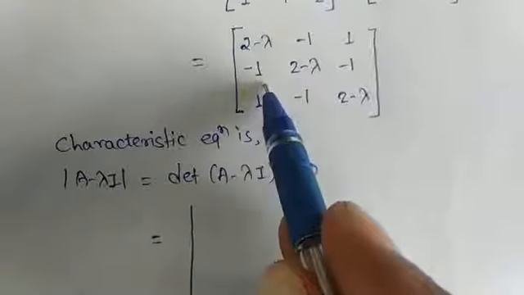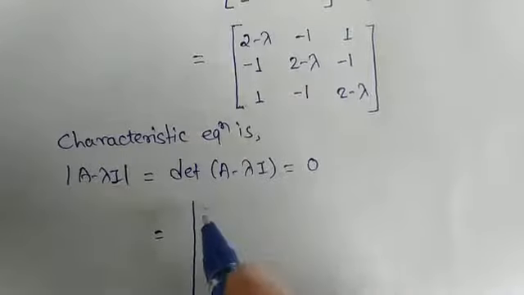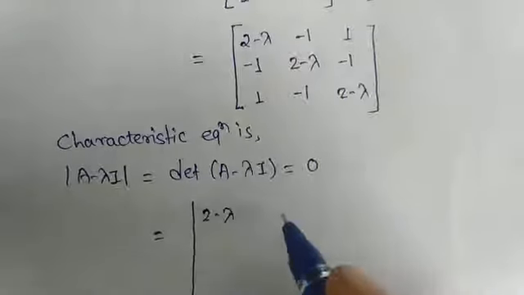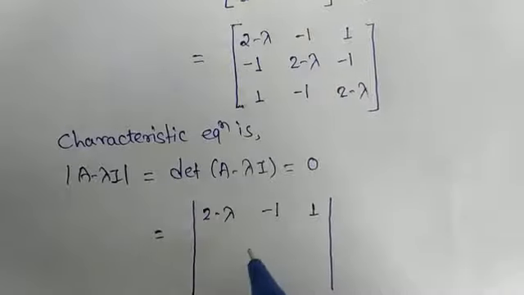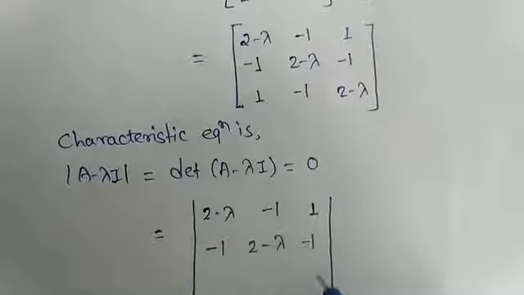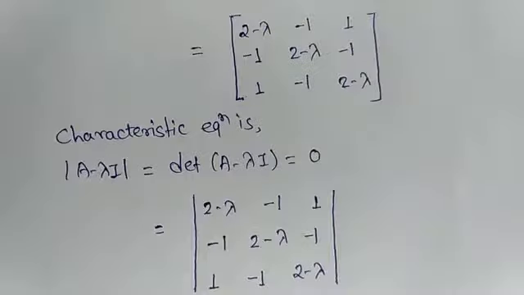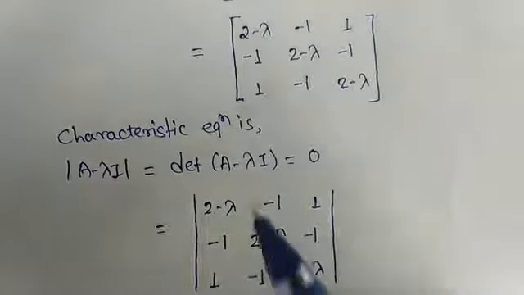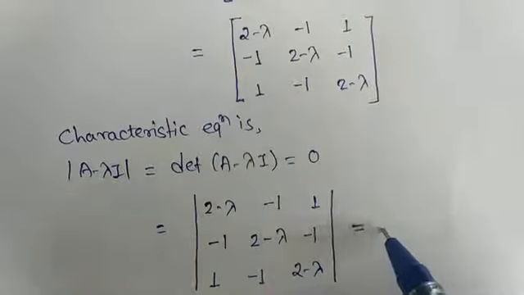We have to find the determinant of this square matrix: first row 2 minus lambda, minus 1, 1; second row minus 1, 2 minus lambda, minus 1; third row 1, minus 1, 2 minus lambda, and it is equal to 0.